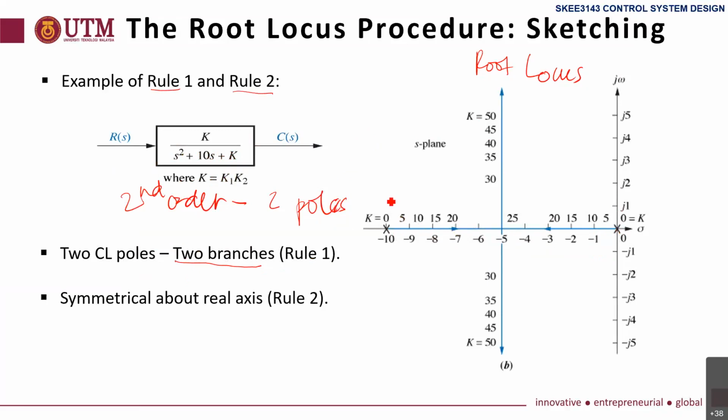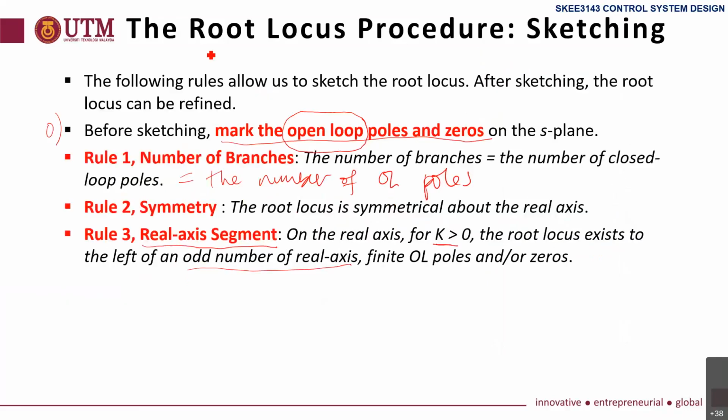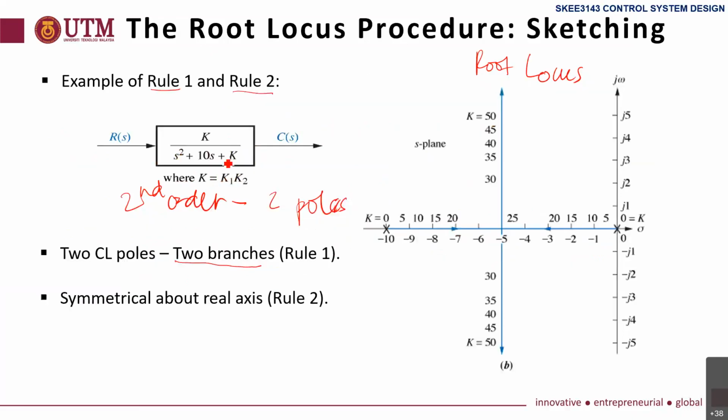Before that, rule number 0, I forgot. Rule number 0: we plot the open loop poles and zeros.